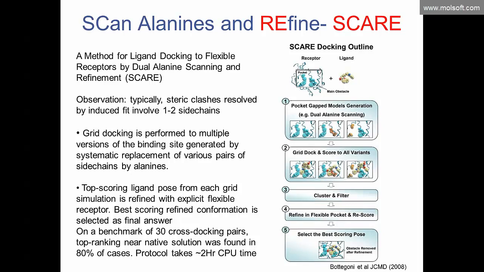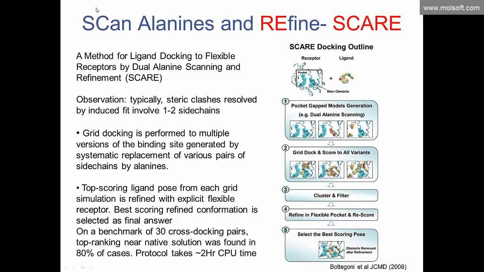But sometimes you're in a situation where you don't have that luxury, and you may be aware that your pocket is maybe slightly collapsed. It may be an APO structure similar to the one we saw with the fibroblast growth factor receptor. So built into ICM is a method for opening up your pocket and building an ensemble of structures. And that method is called SCARE.